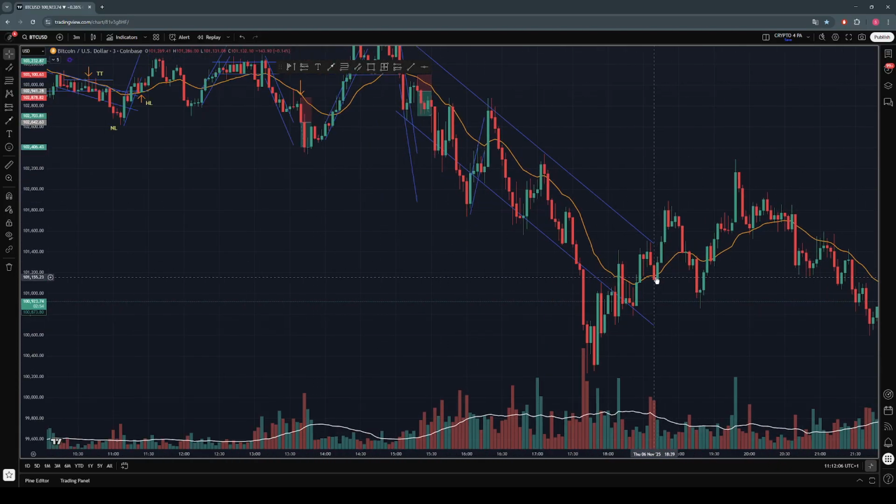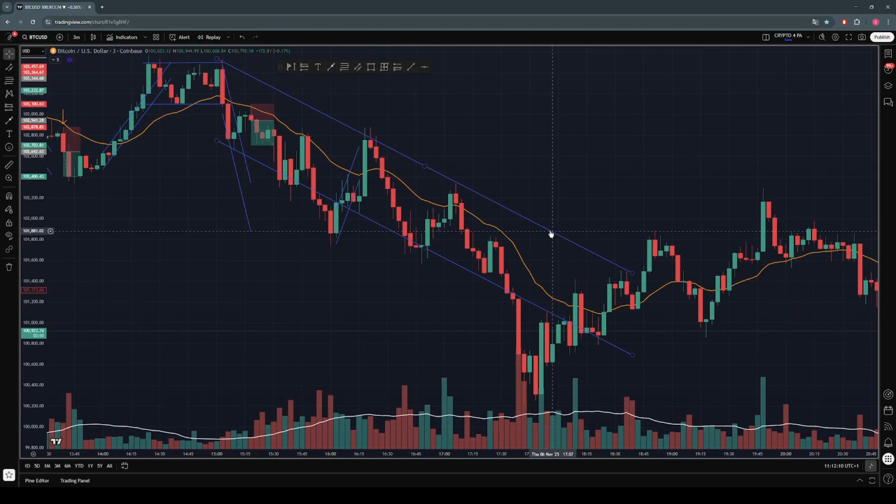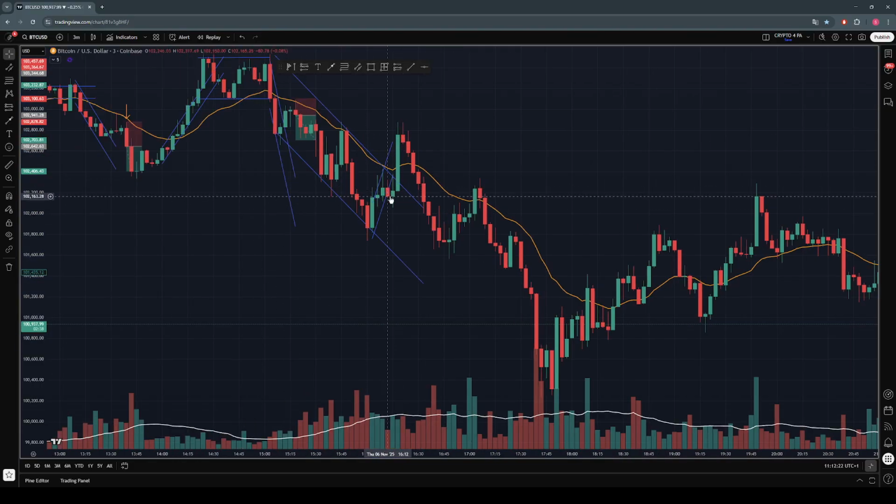Just keep overshooting, so there's not really any trades here. See, actually. Okay, maybe this then, but this is too early.